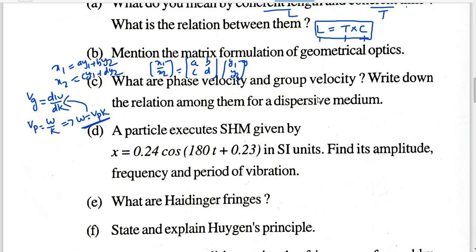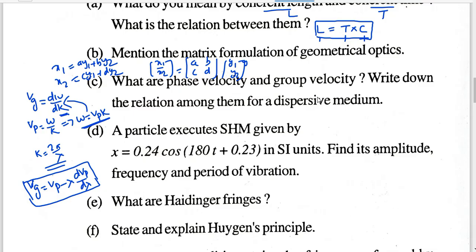Put that omega in, and we use k equal to 2 pi by lambda, and by using simple derivative technique we can find Vg equals Vp minus lambda dVp by d lambda. This is the relationship between phase velocity and group velocity, where Vg is the group velocity, Vp is the phase velocity, and lambda is the wavelength of light.